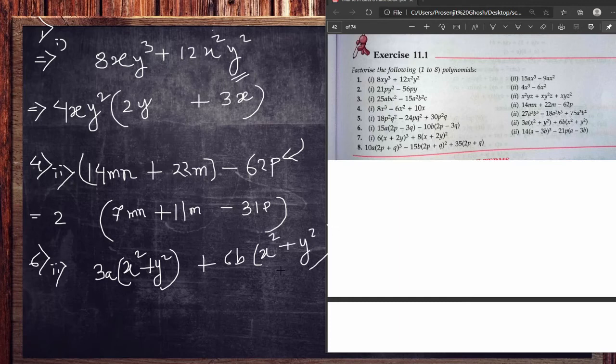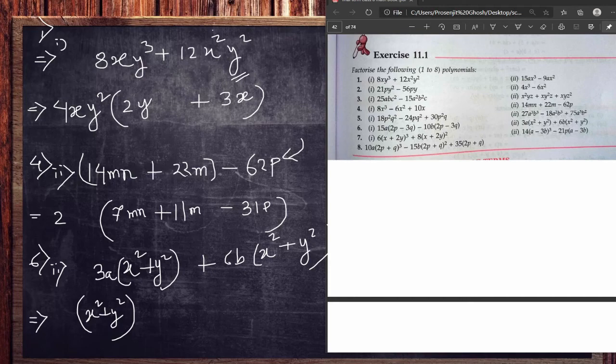The most common mistake here is that students multiply everything out. But listen, you don't have to multiply. The arrangement is actually very nicely given. All you have to do is take out x square plus y square as the common factor.